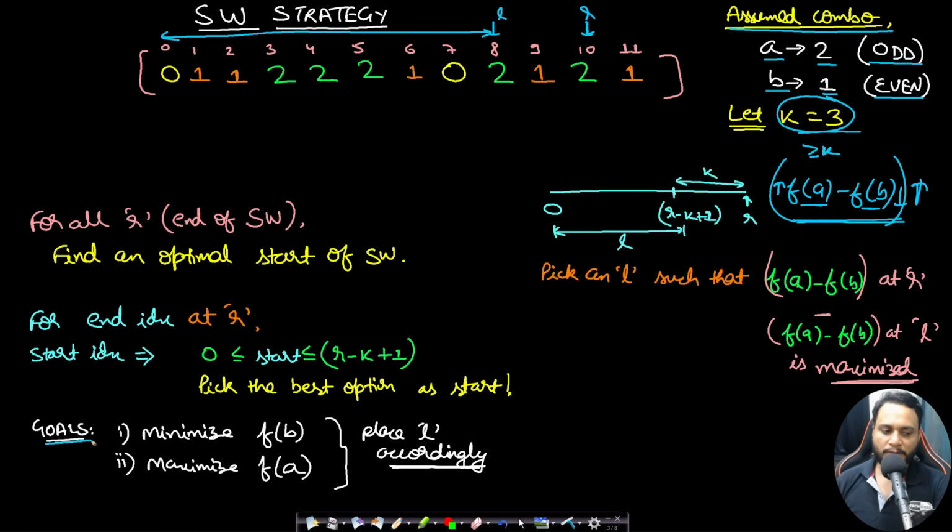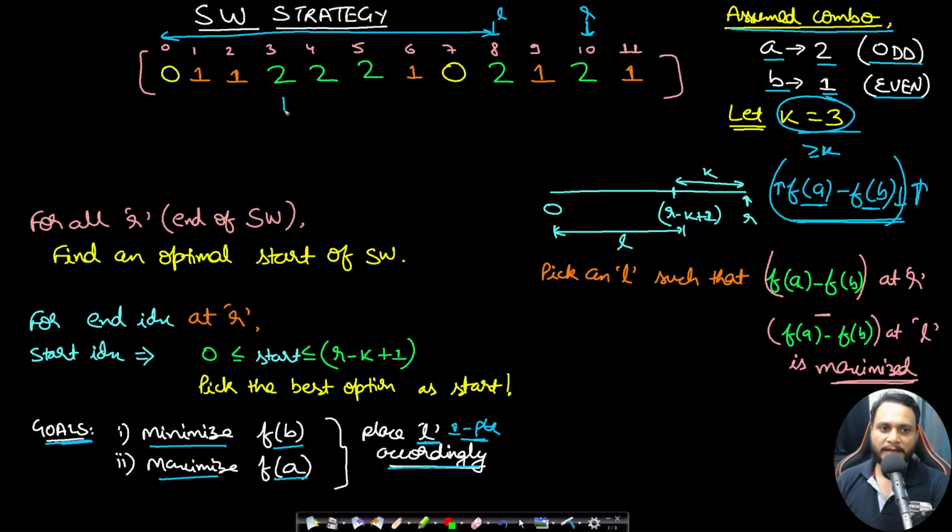So you can break down the goal saying that I will minimize f of B or I will maximize f of A. I have to place the left pointer according to where this optimal point is hit, because L is just one pointer, we do not have two pointers. So I have to check a balance between B and A frequency. Okay, so where to place it?